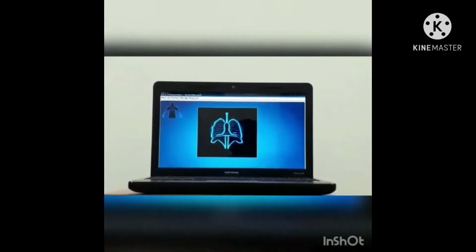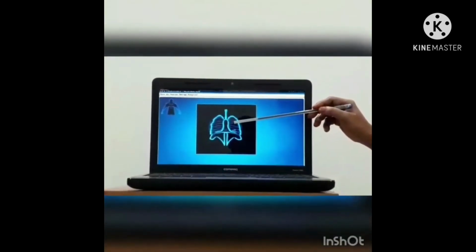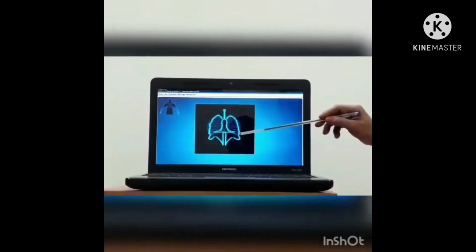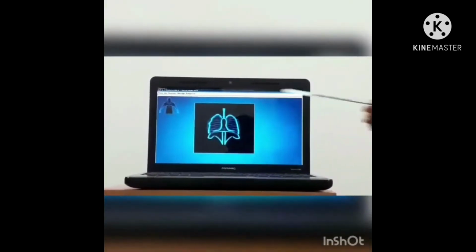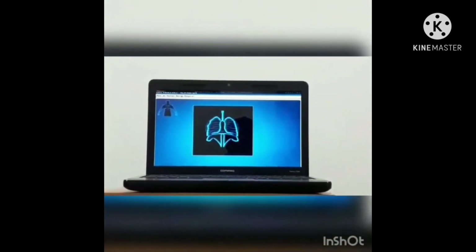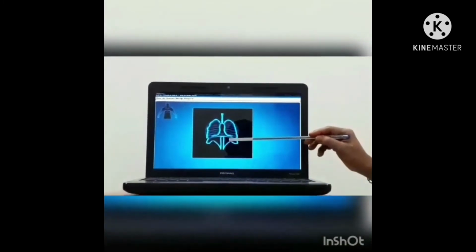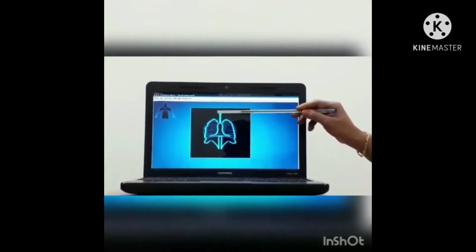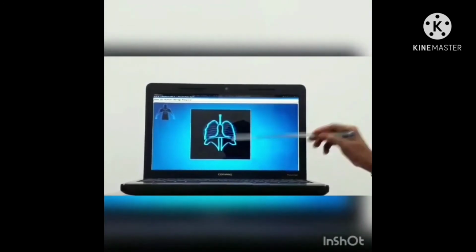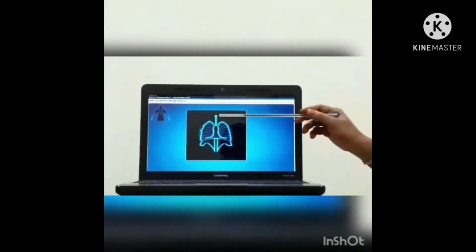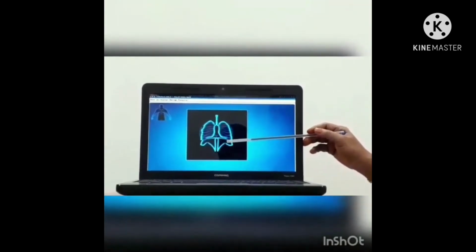At the same time, flattening of the diaphragm increases the size of the thoracic cavity, and this decreases the air pressure in it, so that the air rushes into the lungs. Thus taking in air is called inhalation, that you already know.